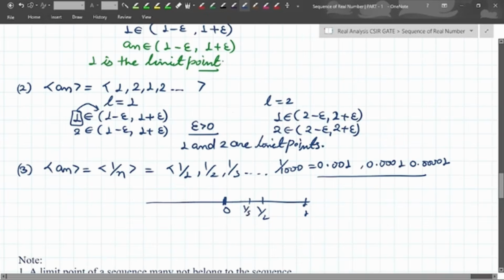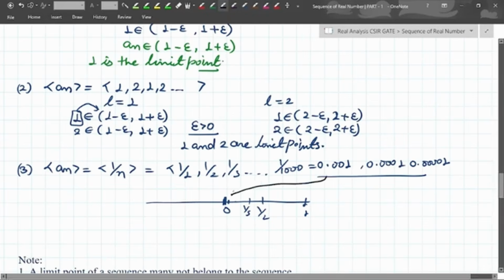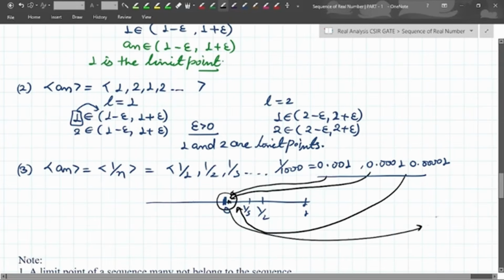So all these are points. I'm just giving you the idea of a limit point. These all points are making a cluster here. If I zoom in, it will look like this. Here it is 0. All the points are here. There are infinitely many points.